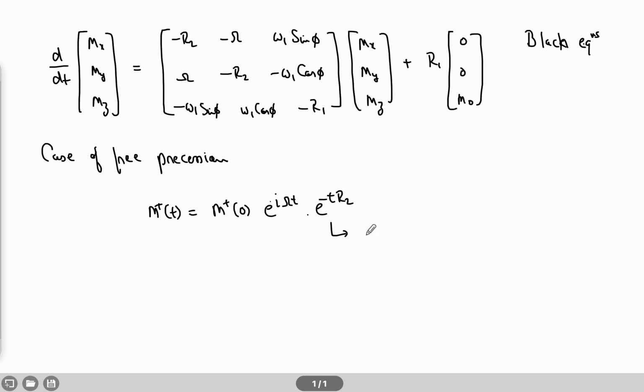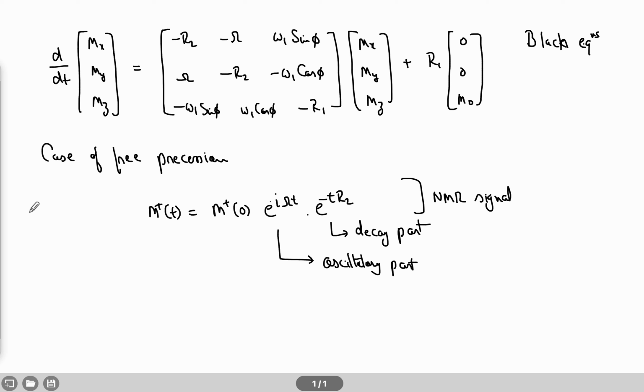This is the decay part of the NMR signal, and this is the oscillatory part. This is just to recap what we have learned earlier, and this whole thing is nothing but the NMR signal. This term is what induces current in the coil when it is relaxing back. So this we have already learned.